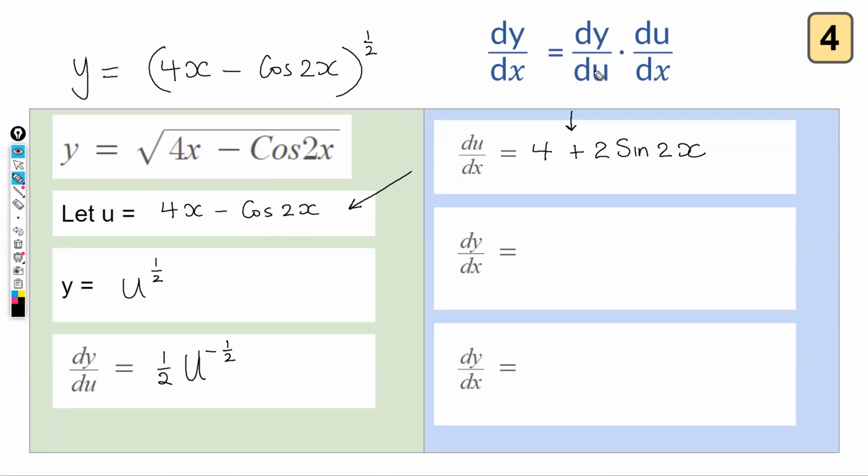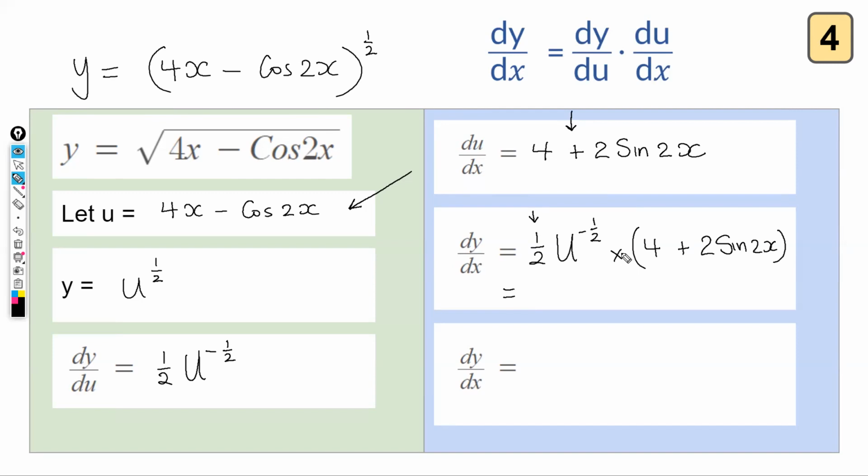We take dy du, which is a half u to the minus a half, and we multiply it by du dx. We should probably put this in brackets because it's so many items. Now, everybody here is going to get multiplied by what? The half, right? So I guess we could put the brackets in front and just multiply everyone inside here.